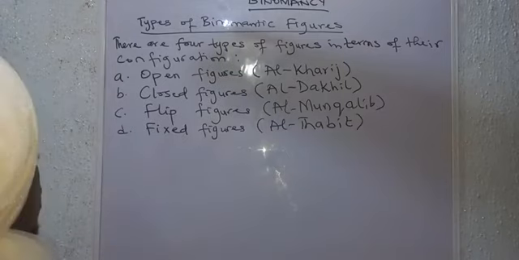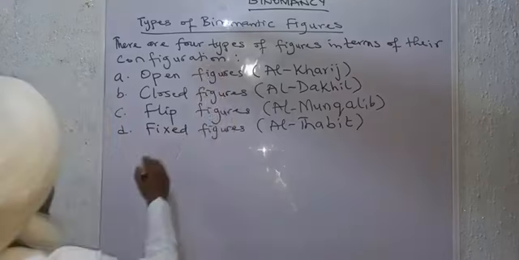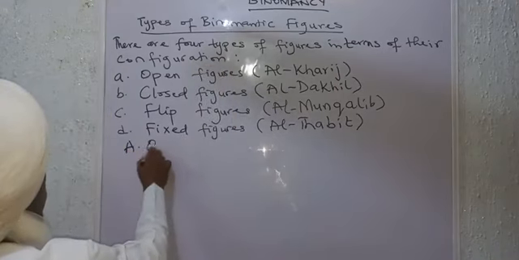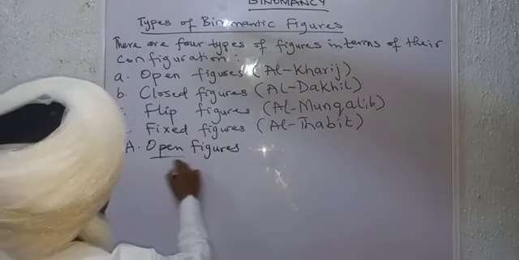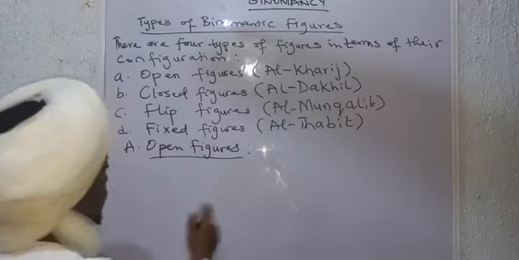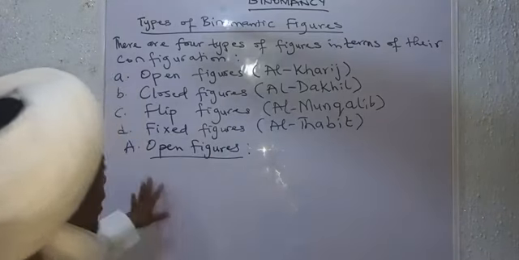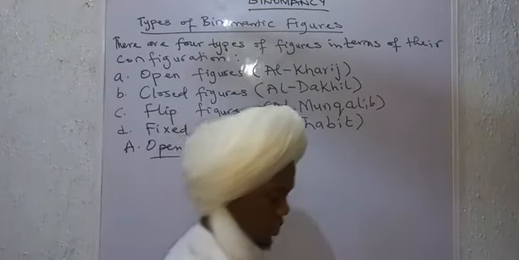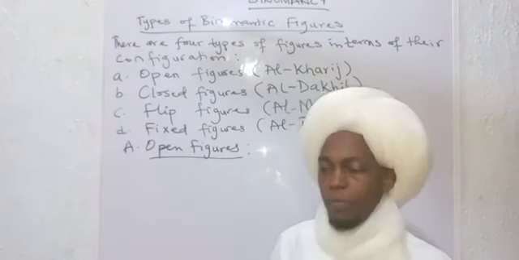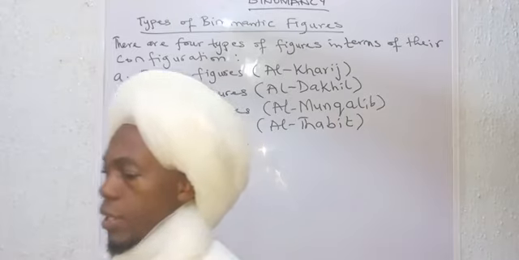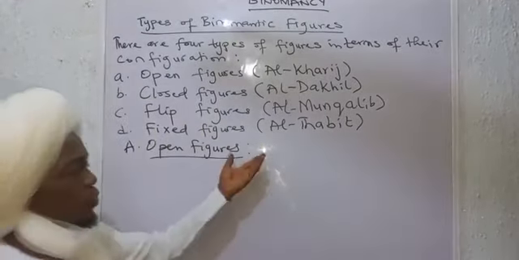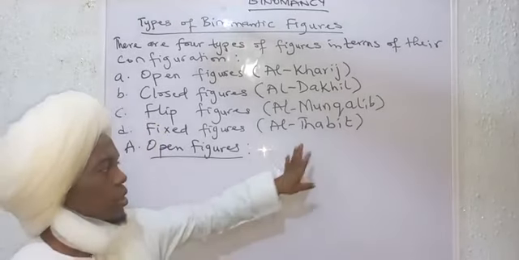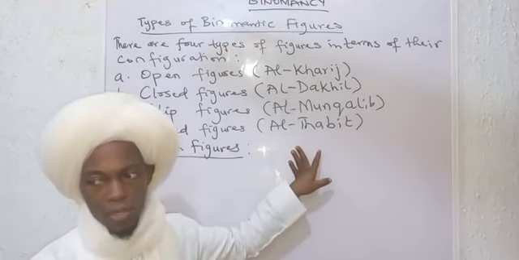So now we take them one by one. Under the open figure, let me define an open figure for you. An open figure usually starts with 0 on the left and ends with 1 on the right.